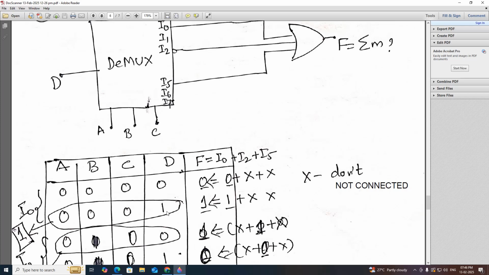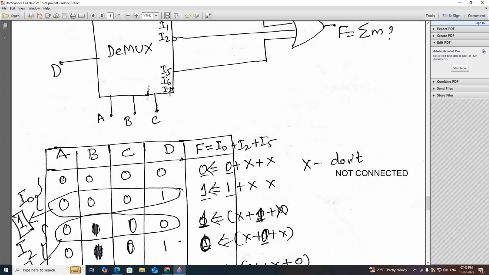If D is equal to 1, we will get I0 equal to 1. The remaining are not connected. Therefore, for A, B, C 0 0 0, your F will be 0 and 1.